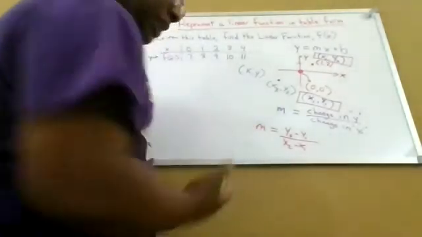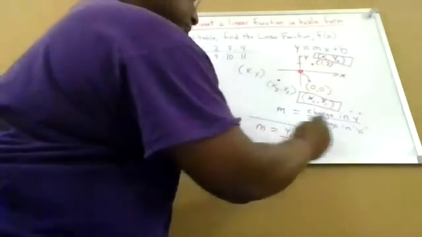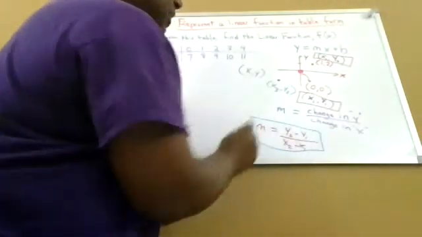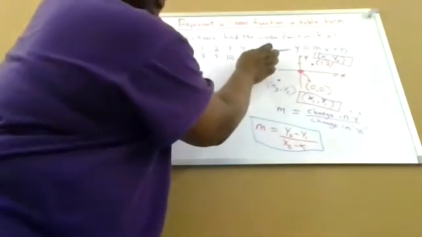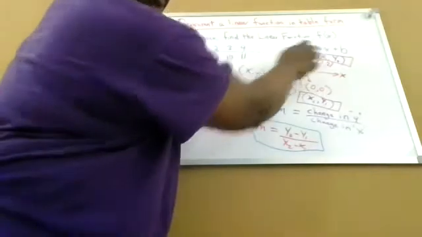And this is a formula that we're going to use to find the m in this equation up here for y equals mx plus b.